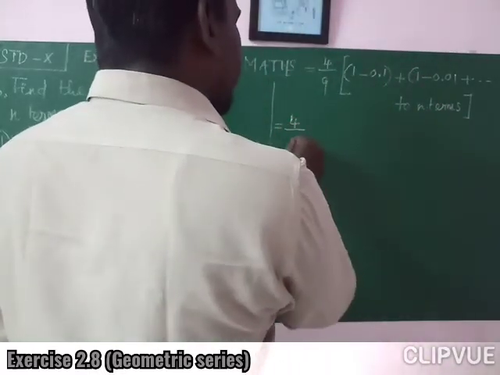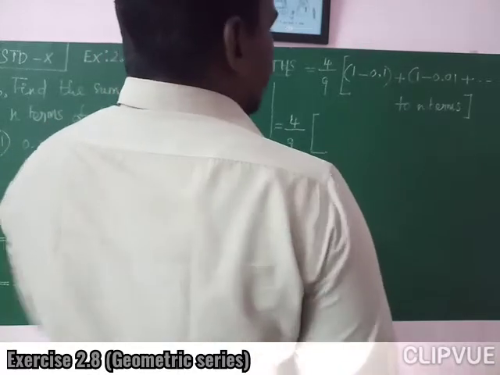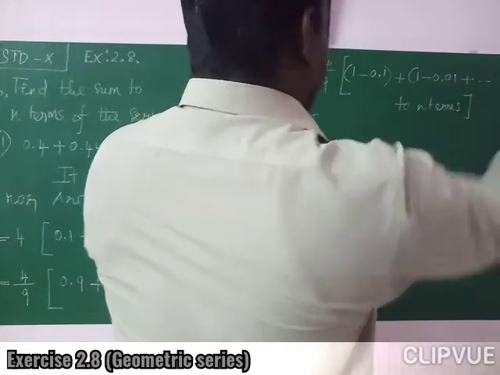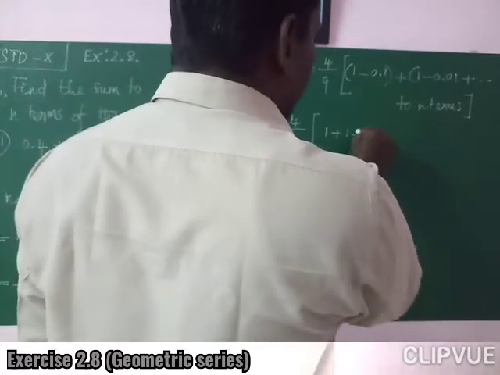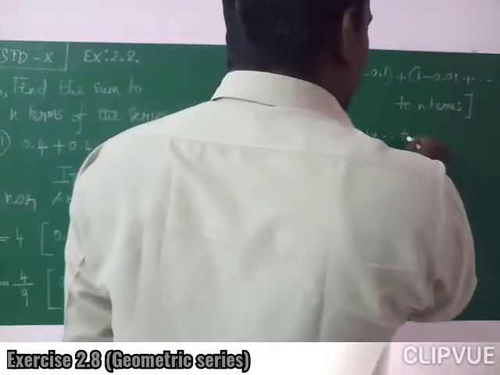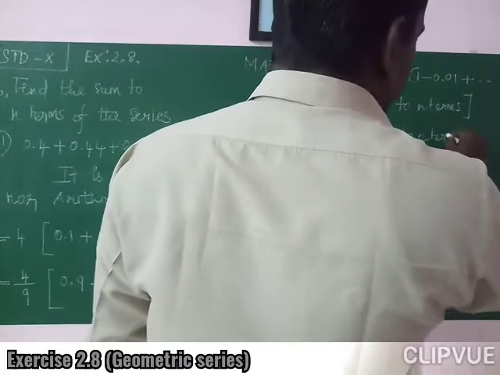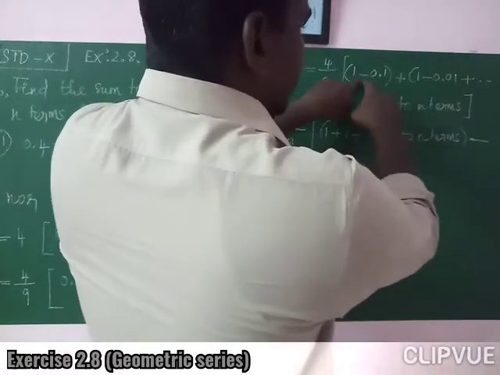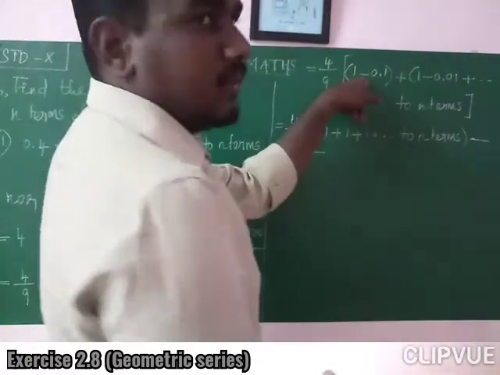Now I am going to split the terms. Whole bracket 1 plus 1 plus 1 to n terms, bracket, minus. This minus here, also minus, the third one is also minus.